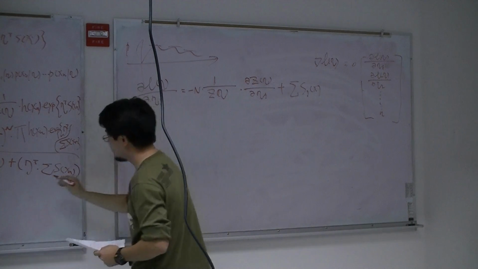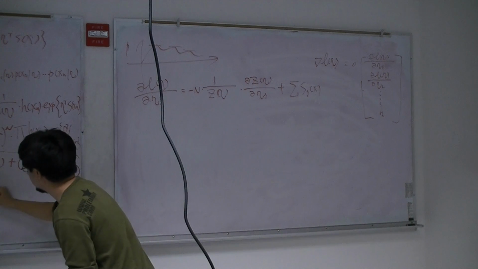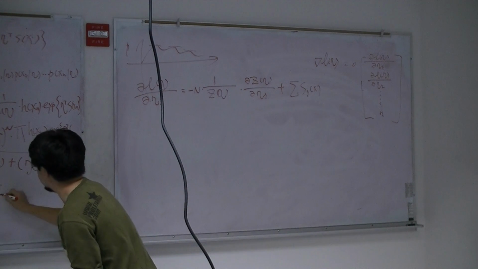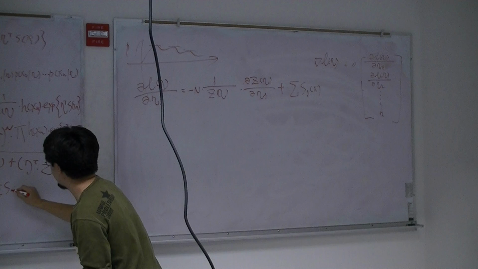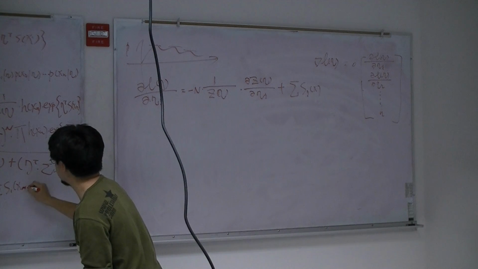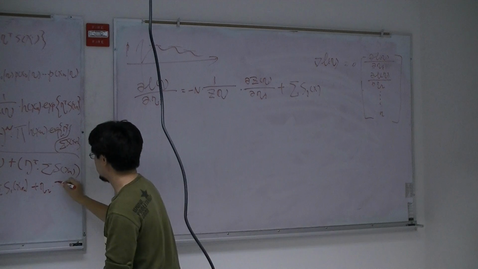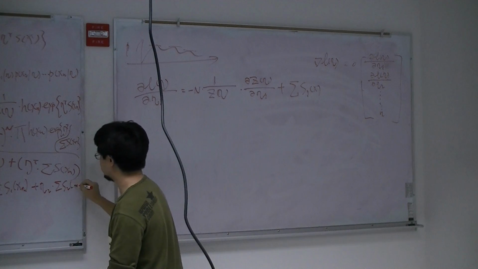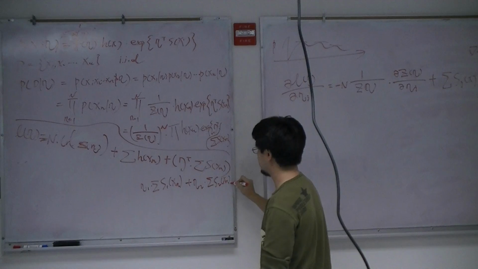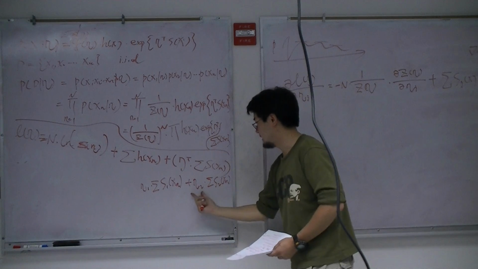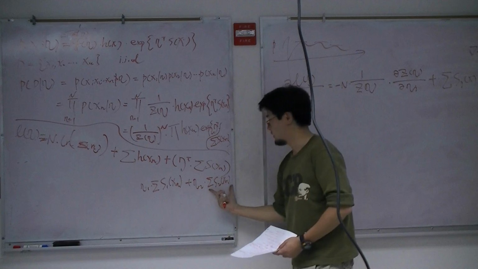Actually this term is equal to beta 1 times this, plus this one times this. So if we take the partial derivative with respect to, say, beta 2, we get this term back.